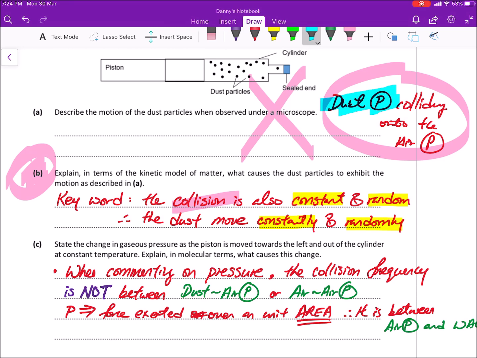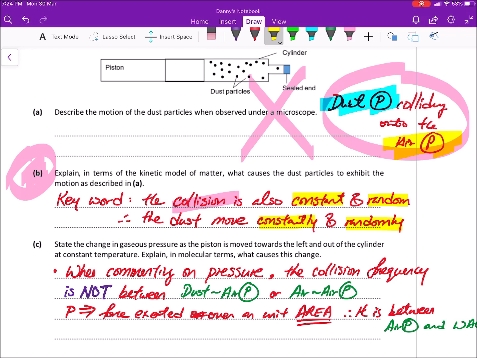It is just hanging there, motionless. It is your air particle that is moving spontaneously, and because of their spontaneous, constant and random movement, they knock into the passive dust particle, and that is what you are observing.